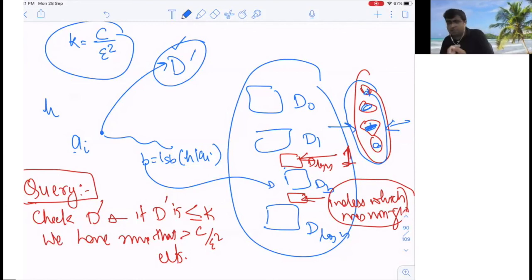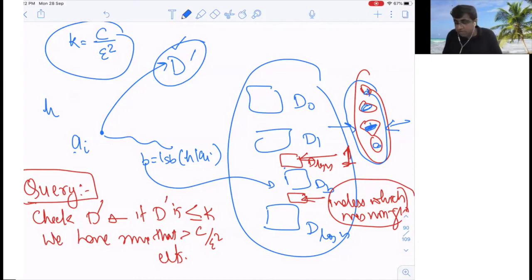And then the algorithm outputs 2 to the power of that, times the number of elements there. So is the overall idea of the algorithm clear? What are we trying to achieve? I want to go to the top, but I know that it cannot contain more than some constant number of elements. Great.